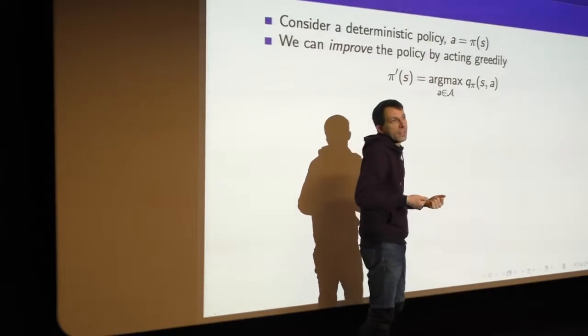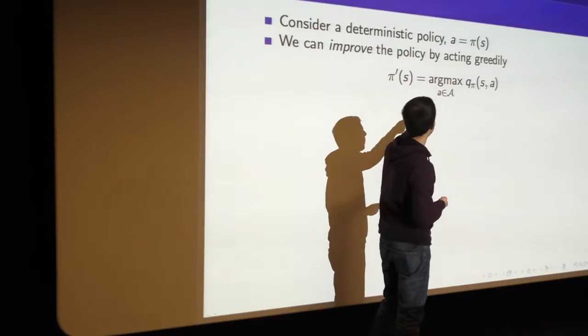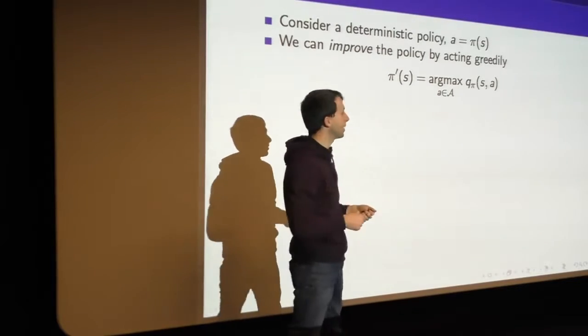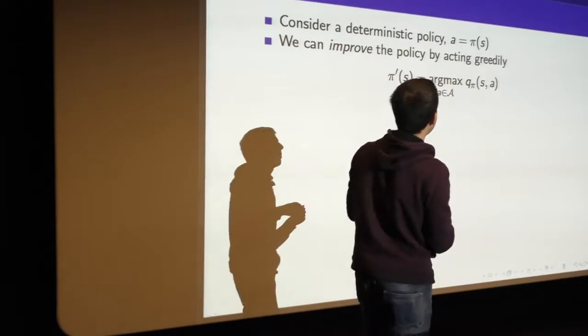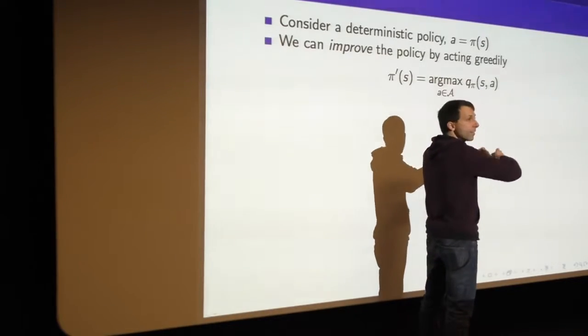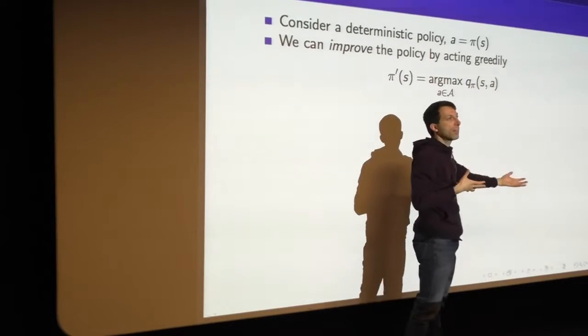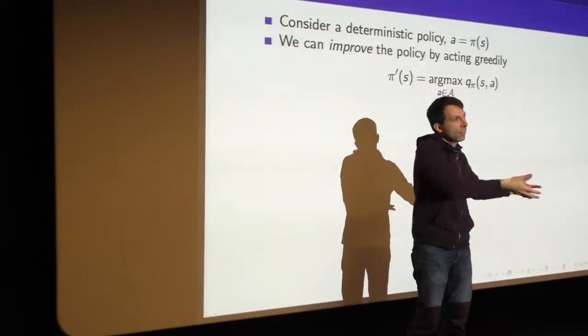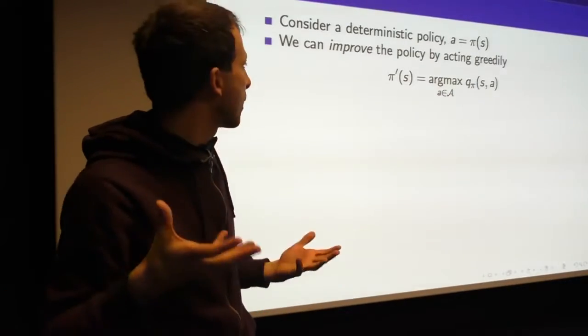We want to pick the action that gives us the most Q. So that's what this argmax means. It just returns the action that maximizes this quantity. And Q, remember, is just the immediate reward when you take action A plus the state value function of where you end up. So that's what it means to act greedily.